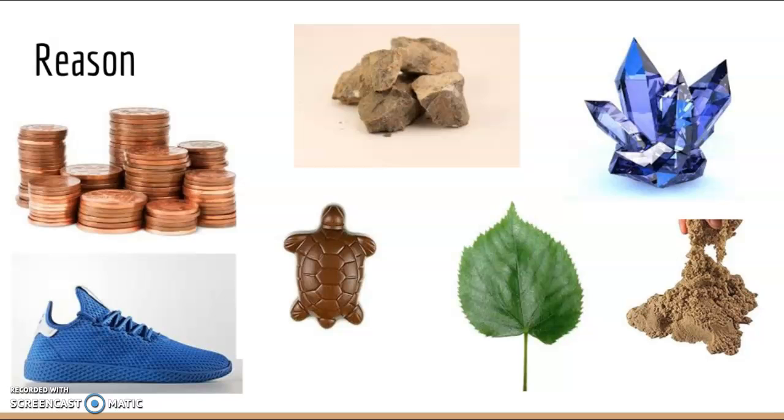I have to physically change it in order to get it to be something else. Like we would have to cut that chocolate with a knife, or I would have to heat it up, or I'd have to do something to it in order to change its shape. Solids are going to stay the same shape. They're fixed and rigid, and the molecules are packed really close to each other.